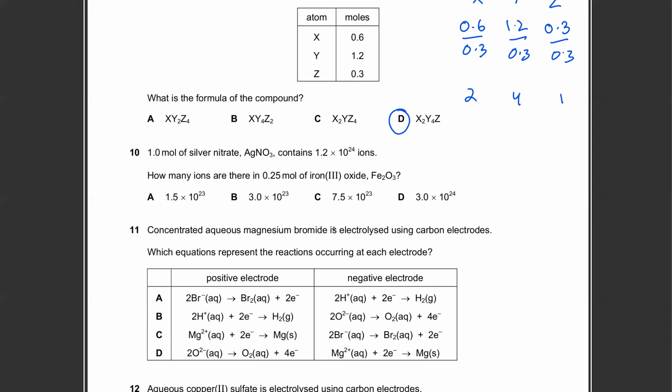One mole of silver nitrate contains this many ions. How many ions are there in 0.25 moles of iron(III) oxide? Just focus on this. Can you tell me how many ions are in Fe2O3?